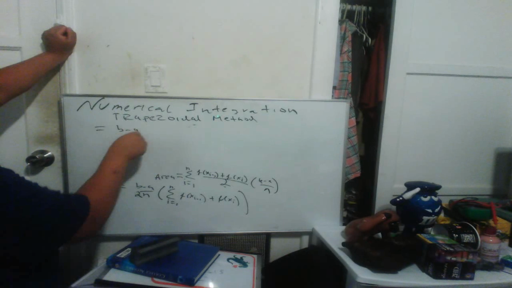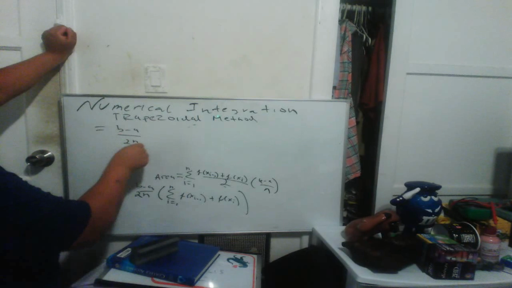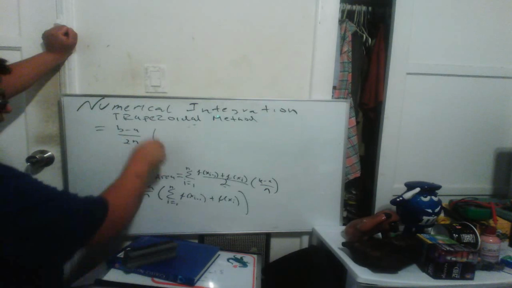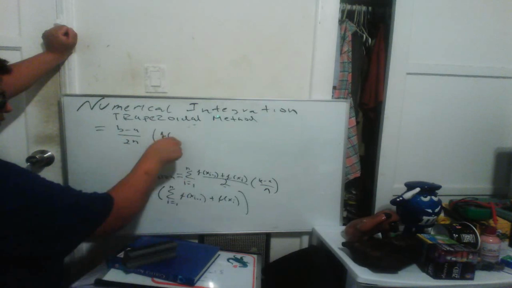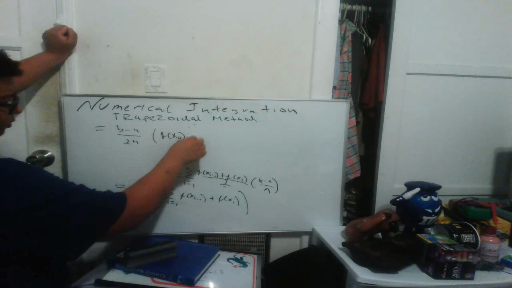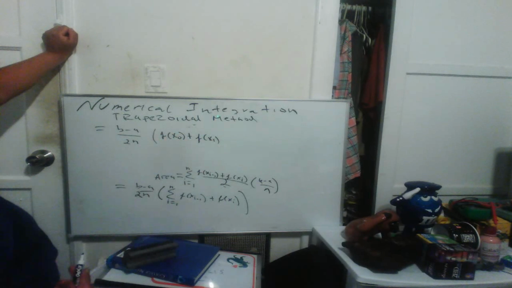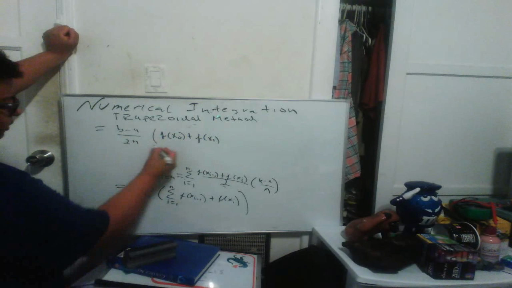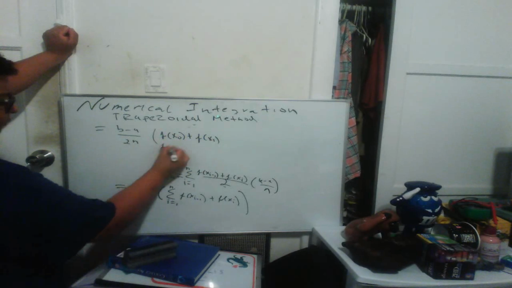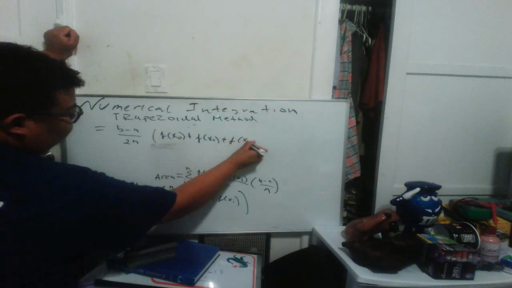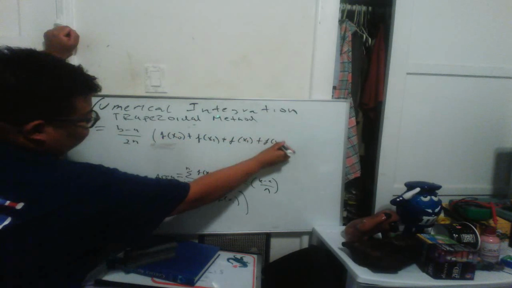So if we expand it, let's see how it looks. The summation is going to be f of x0 plus f of x1. So that's the first iteration. The second iteration is going to be plus f of x1 plus f of x2.